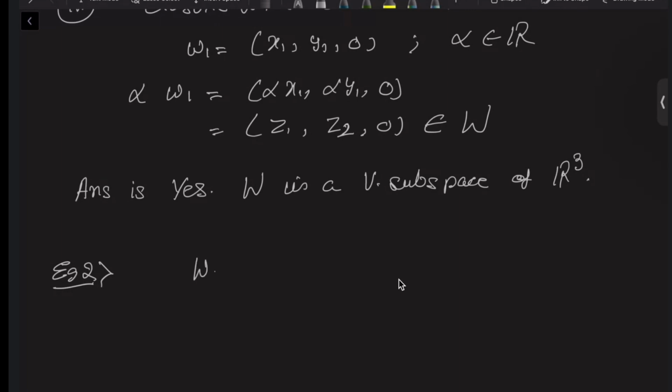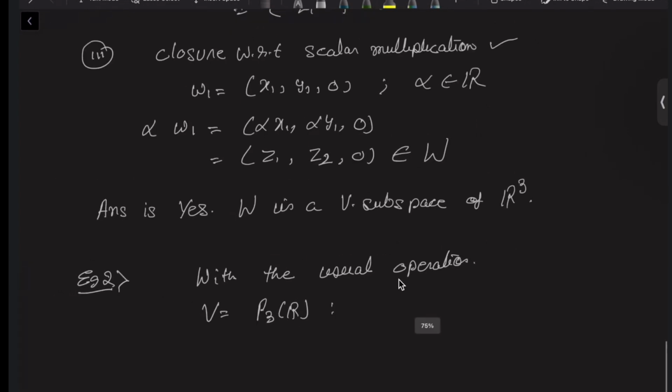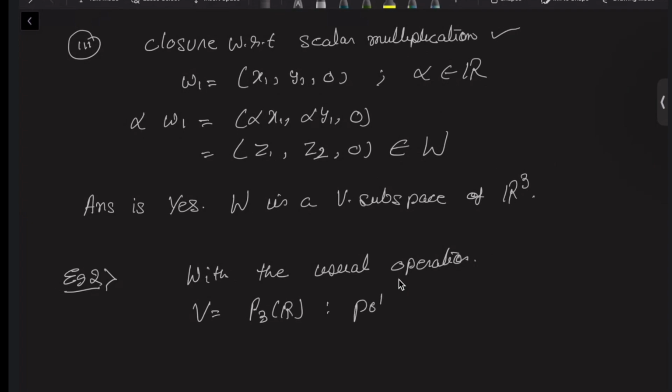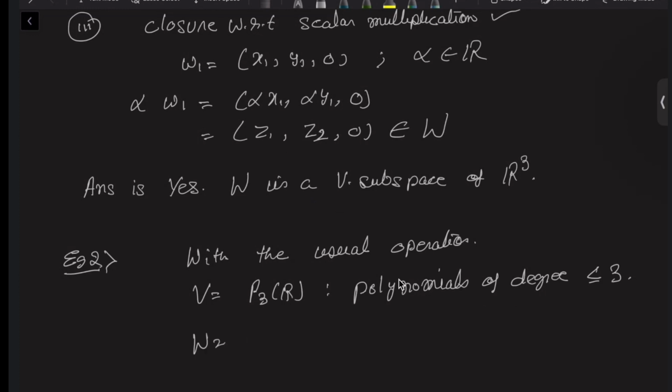With the usual operations, V I am taking as P3 over R, that is polynomials of degree less than or equal to 3, and W I am taking as P2 of R, that is polynomials of degree less than or equal to 2.